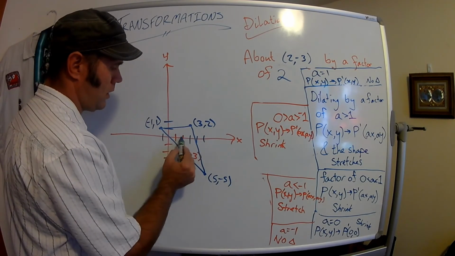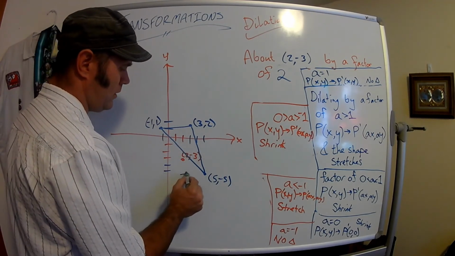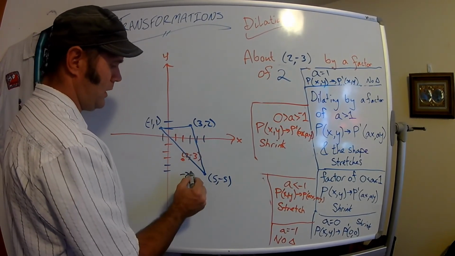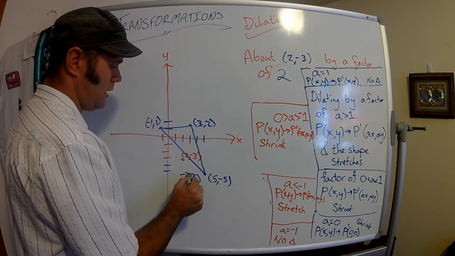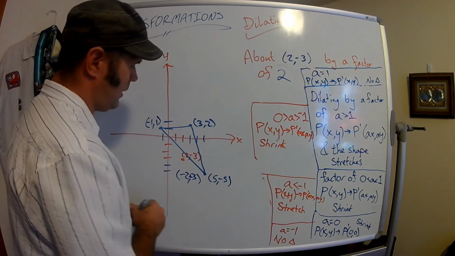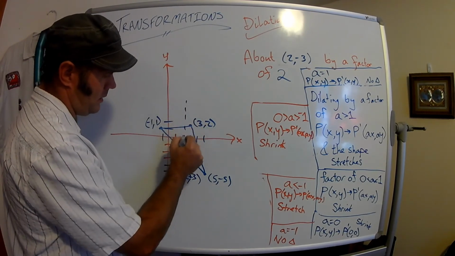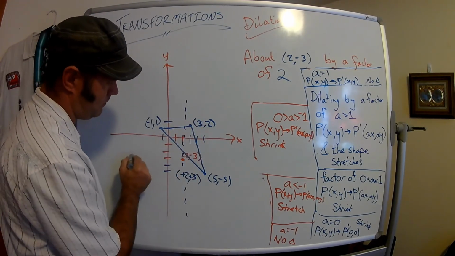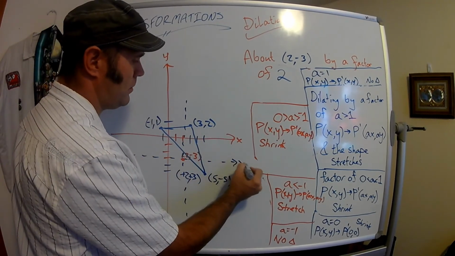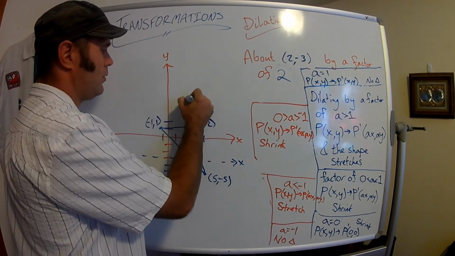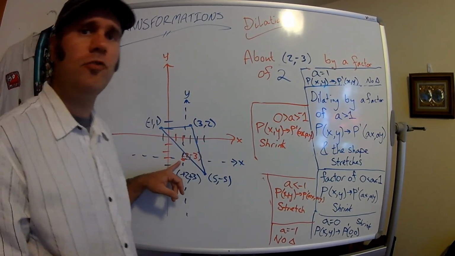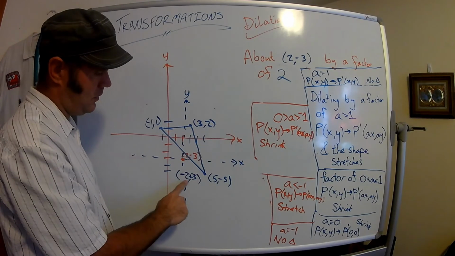So we're going over 2, down 3, so we need to subtract 2 from each of our x's, and then add 3 to each of our y's to get the x, y to shift over to here. Okay, so this is going to be our new x, and this will be our new y, so that we can have this be our origin. We're going to need to subtract 2 and add 3.